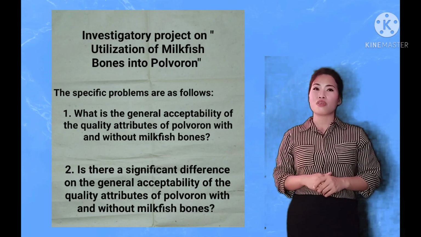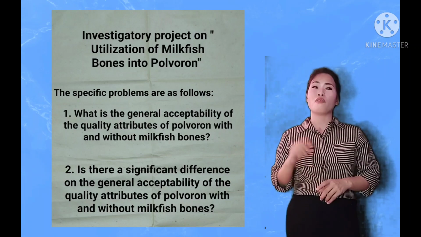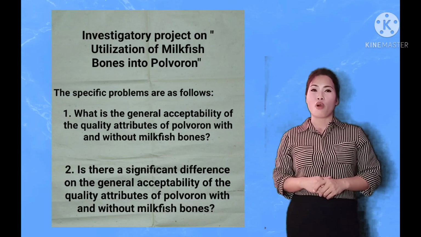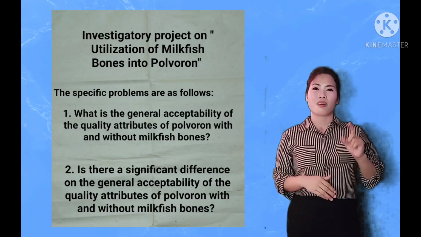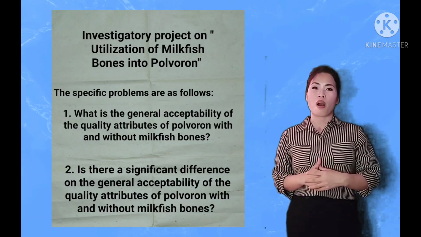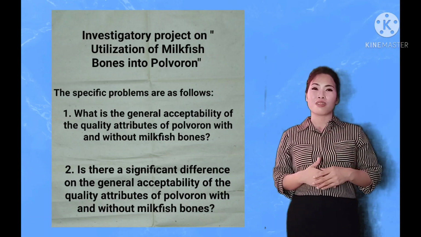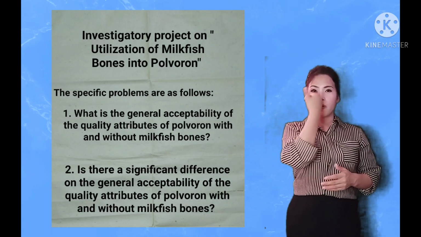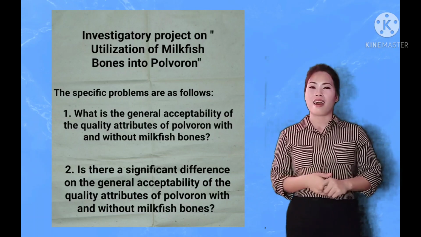The second is, is there a significant difference in the general acceptability of the quality attributes of the polvoron with and without milkfish bones? Those are the 2 research problems for which we're going to look for an appropriate statistical tool so that we can have results that are valid and exact.